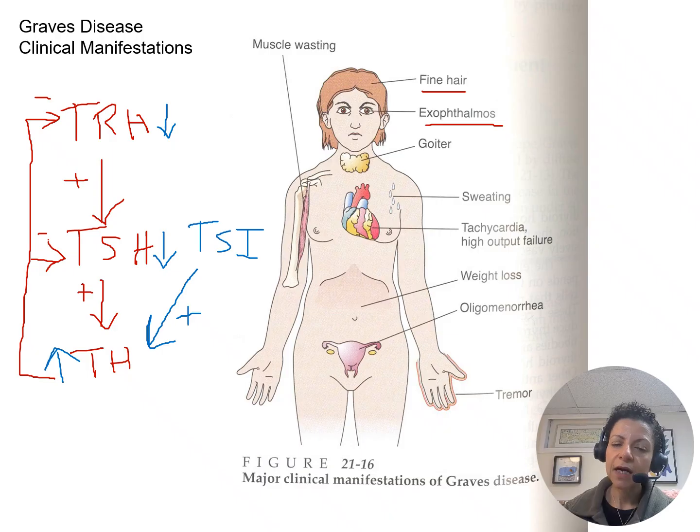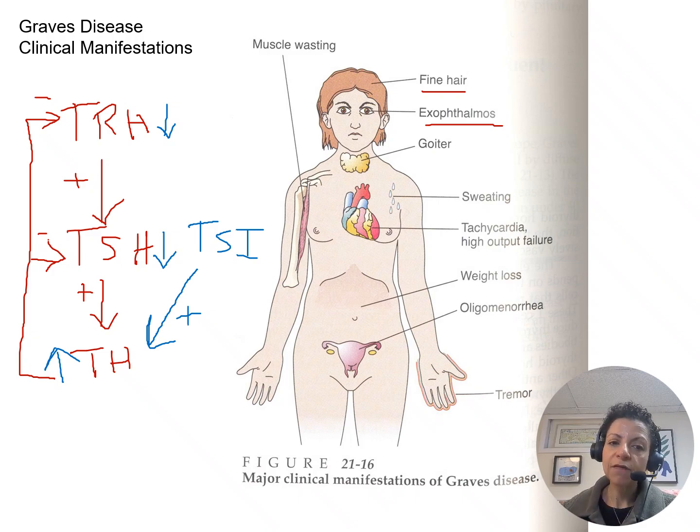But there is no negative feedback that can control the antibody. The antibody is being produced not within the thyroid gland, not within the anterior pituitary or the hypothalamus. It's being produced by plasma cells, by B cells that are turning into plasma cells. So the thyroid hormone level can't control the amount of TSI.